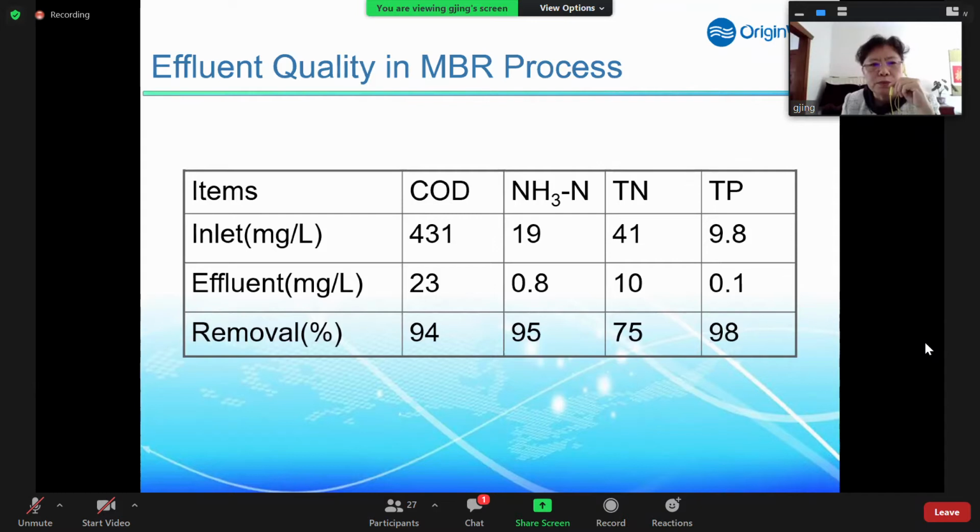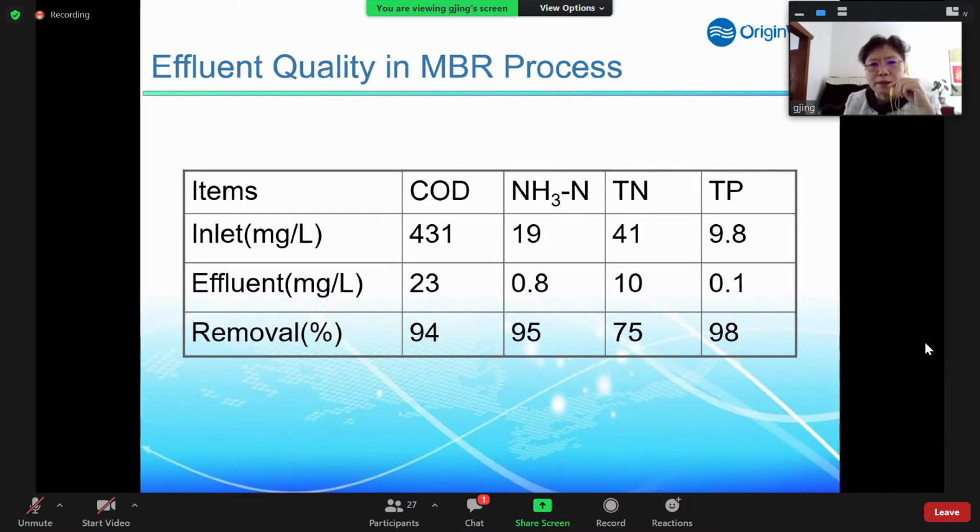For example, after MBR treatment, we can have effluent with organics at 23 milligrams per liter, which meets the discharge standard and can also be reused.